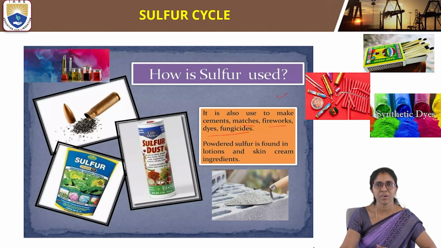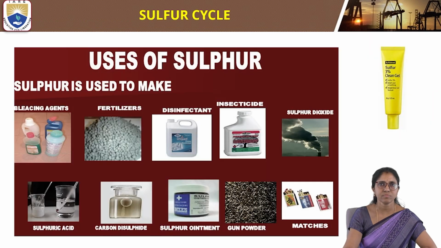Powdered sulfur is found in lotions and skin cream ingredients, which are used for skin diseases.